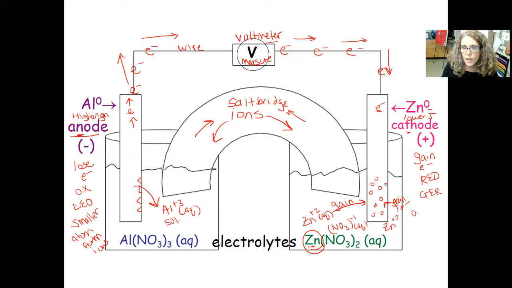And over here, we gain electrons and the electrode gets larger, or increases in mass, if you'd like to say it that way, because ions are going to gain electrons to form atoms. And over here, atoms form ions by losing electrons.